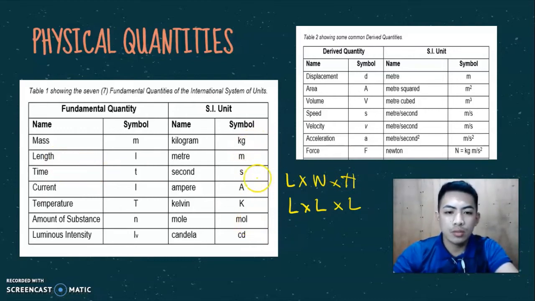So the answer for a volume would result in a unit of L to the third power. That means all of this area and volume is just a derived quantity from length.